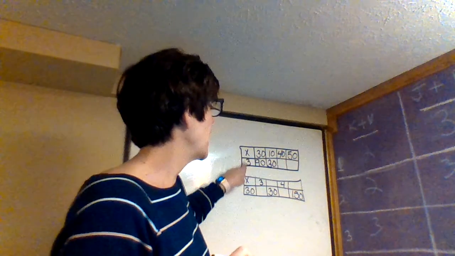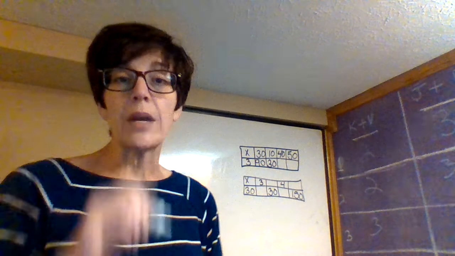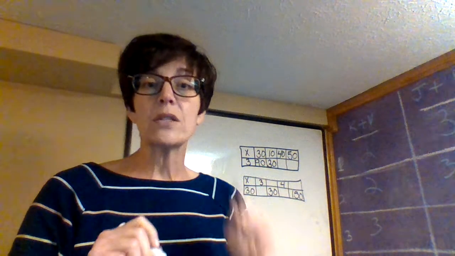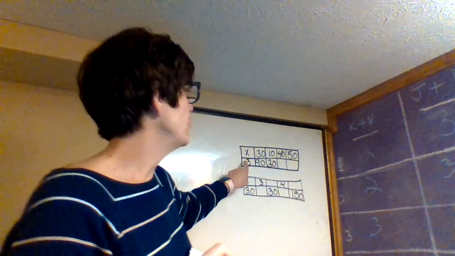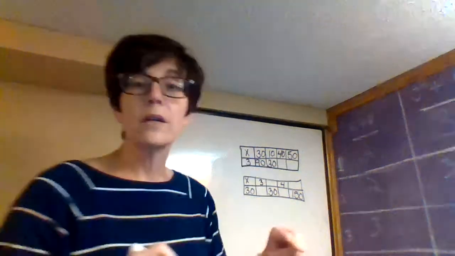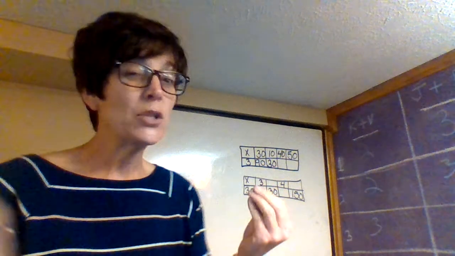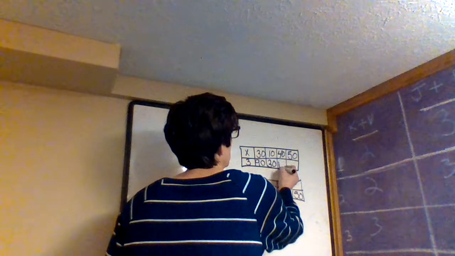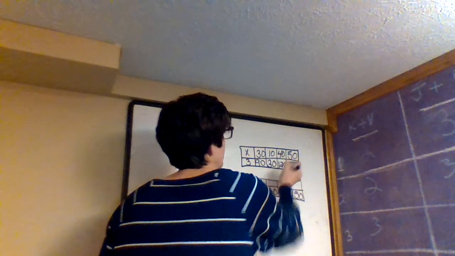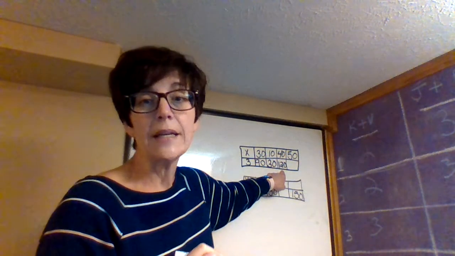40 times 3, or 3 groups of 40. So 40 plus 40 plus 40. My little fact is 3 times 4. 3 times 4 equals, I hope you said 12. And then you bring down the 0. We have 12 sets of 10, 120.